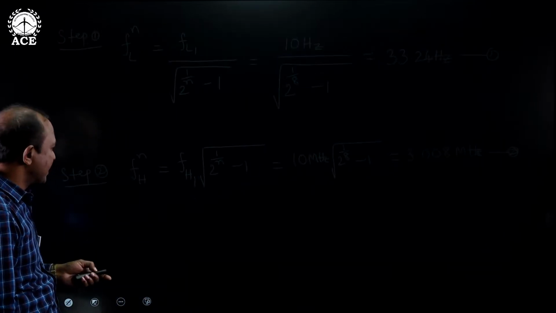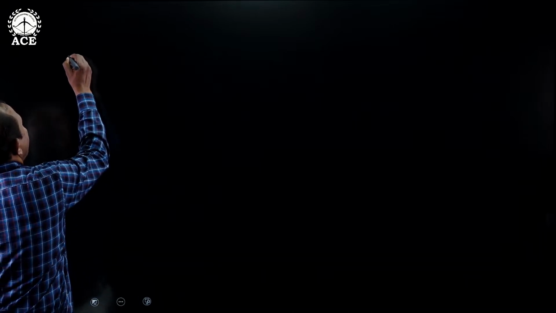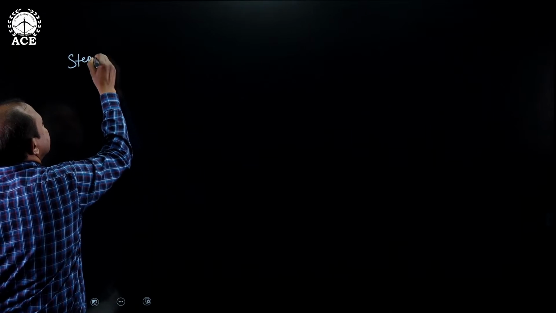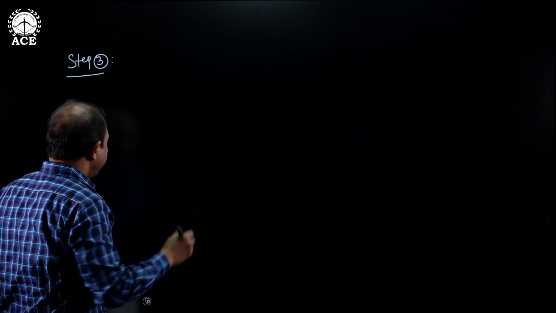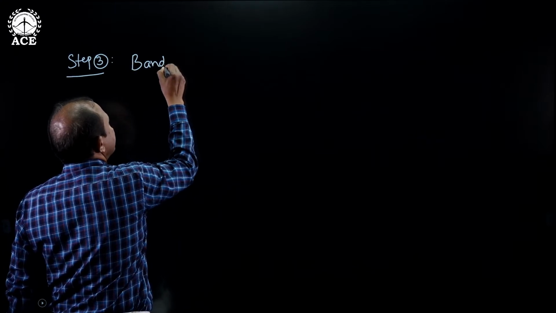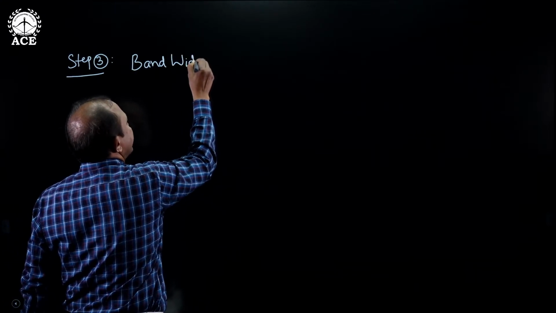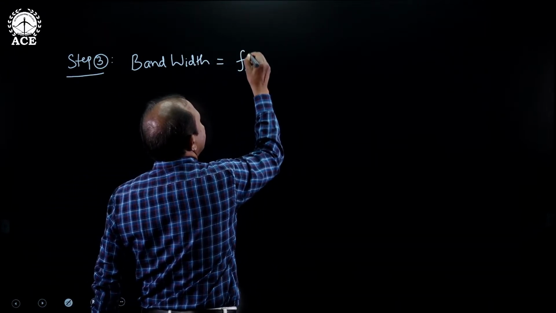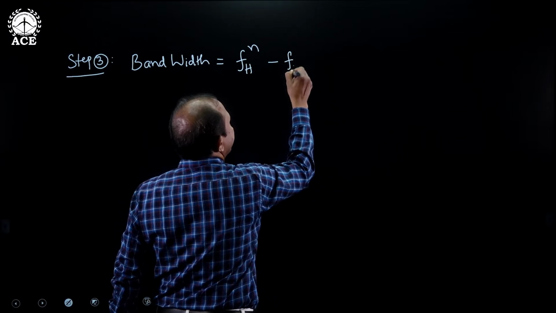Then finally, step 3, bandwidth. The overall bandwidth formula is FHn minus FLn.